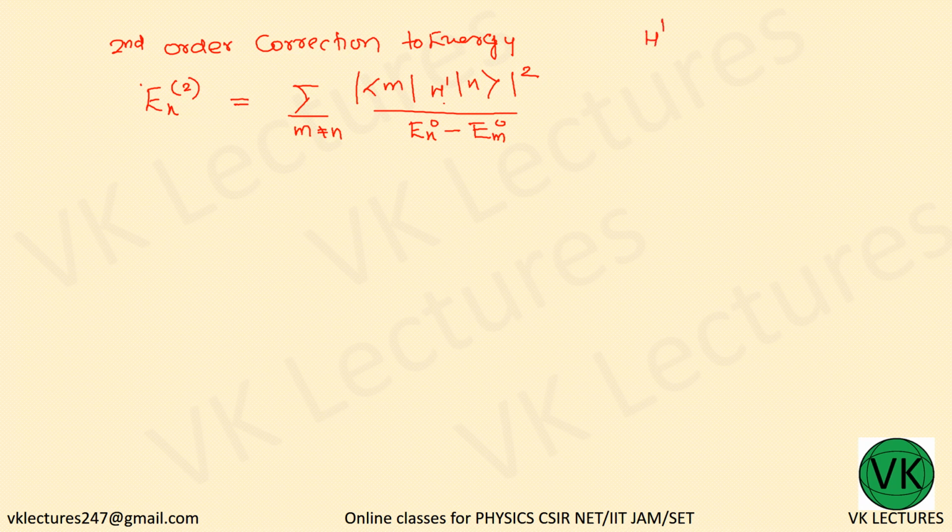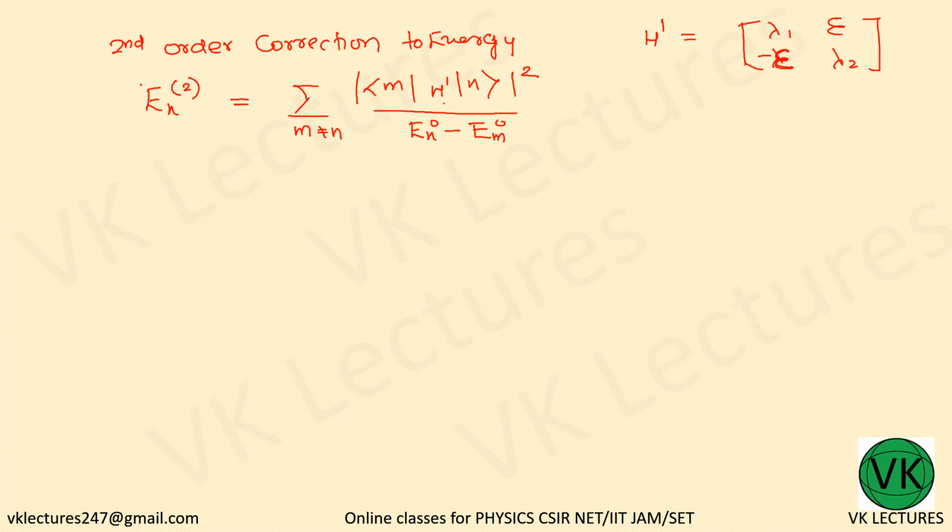H dash is equal to lambda 1 E minus E lambda 2. So this is the perturbation. Now we need to find En.